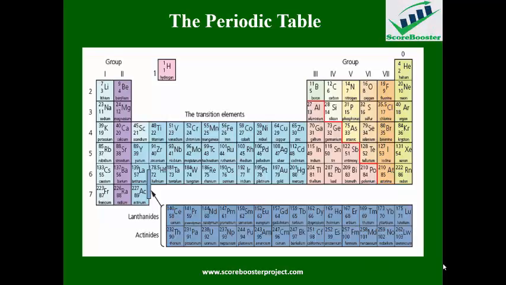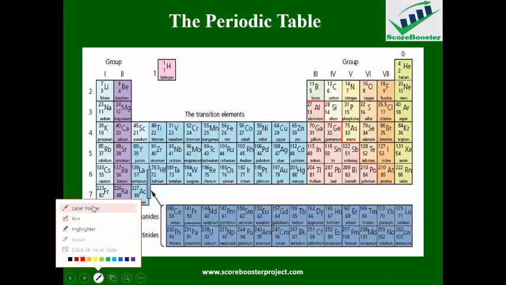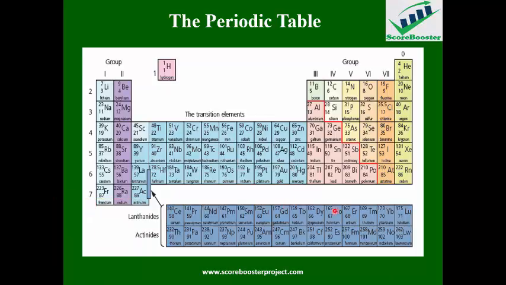So we are familiar with this periodic table, and we are made to realize that the left side here is for the metals. We have the far right here for the non-metals, and in between them, up to this place, is for the metalloids.